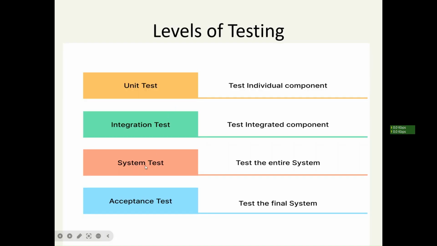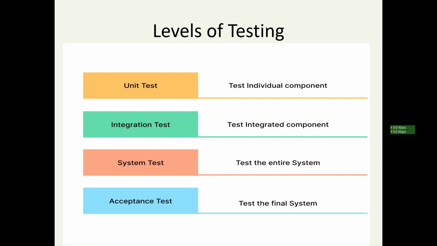Next, there is something called system testing. What is system testing? It means testing the complete system. This is done by testers. For example, take the IRCTC application: login module, search, availability, book, print the ticket, cancel the ticket, log out.